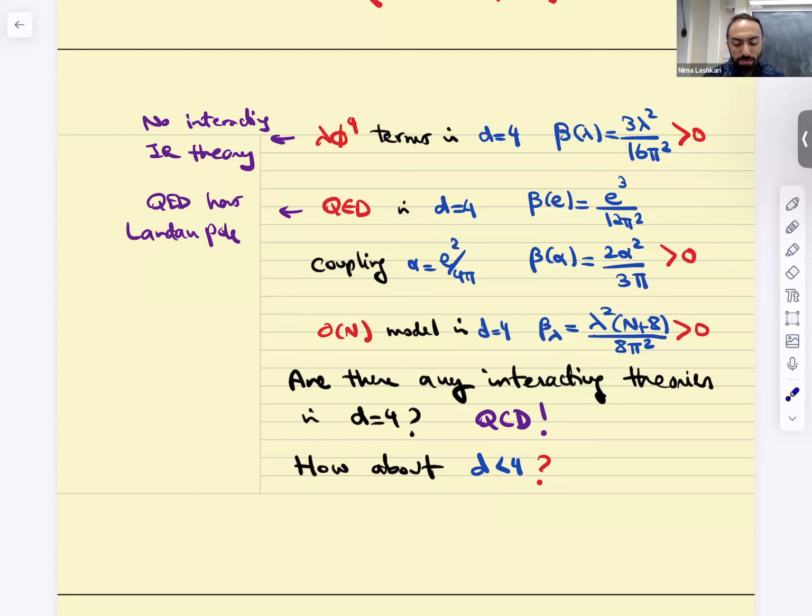The O(N) model in d equal 4 was also positive. So it seems like so far, we've found no interacting theories in d equal 4. Are there any? In the late 60s, every example of quantum field theory in d equal 4 that people had calculated had positive beta functions. People were giving up on quantum field theory as a theory that describes fundamental interactions in fundamental physics.